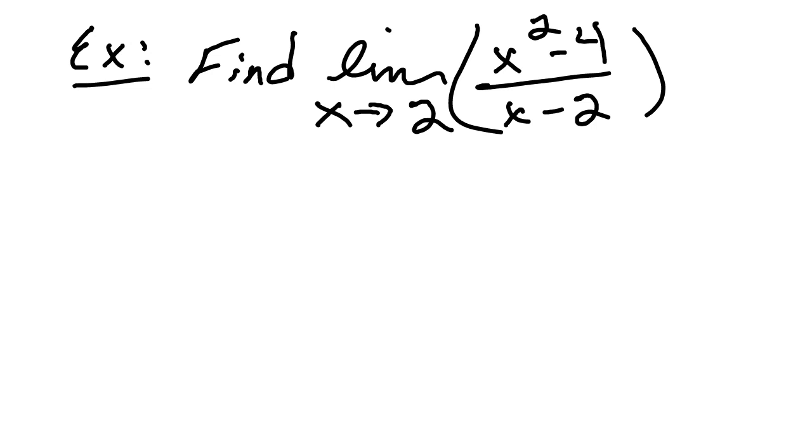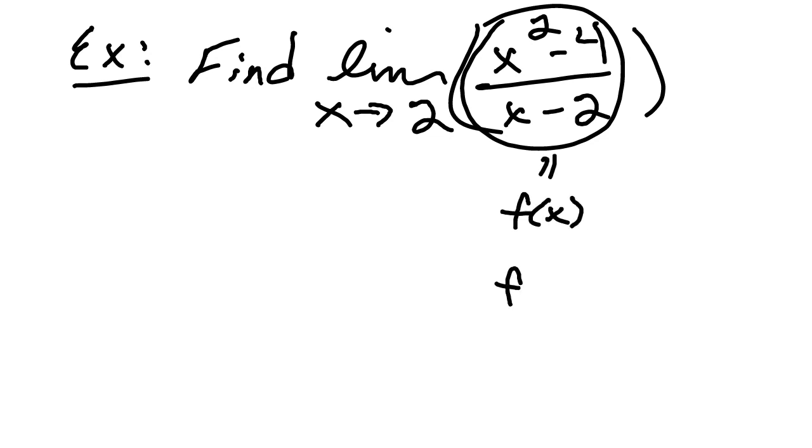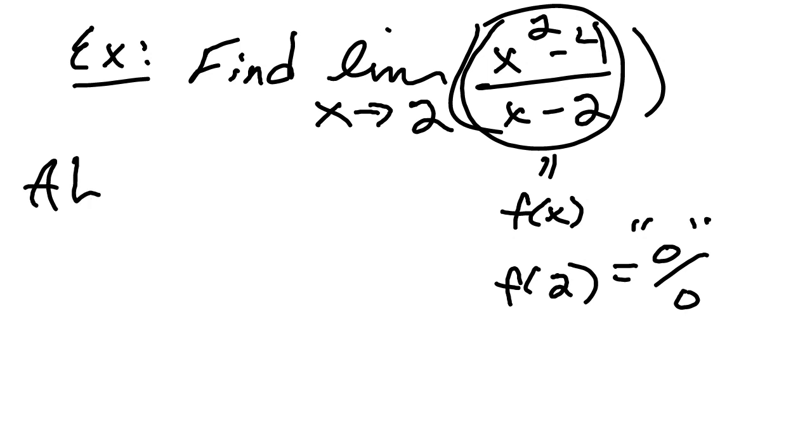Once again, I don't want to plug in a bunch of numbers, but if this is f of x, what's f of 2? If I plug in 2, I get 0 over 0, which is indeterminate, so I don't have an answer there. I could get close to 2 on the bottom, 1.9, 1.99, and close to 2 on the top, 2.1, 2.01, etc. and see what those are. But the reality is we can use some algebraic manipulation.